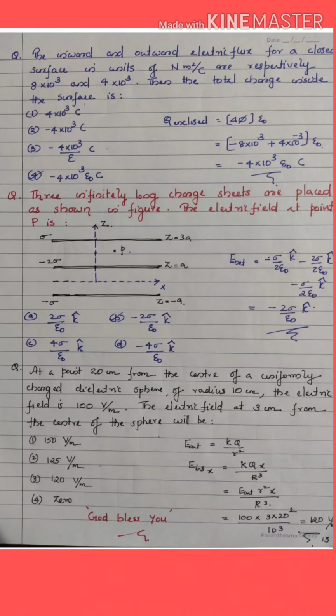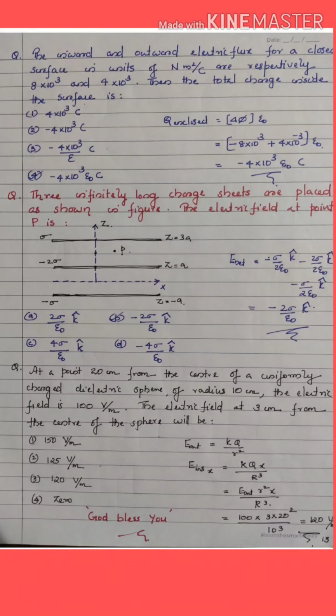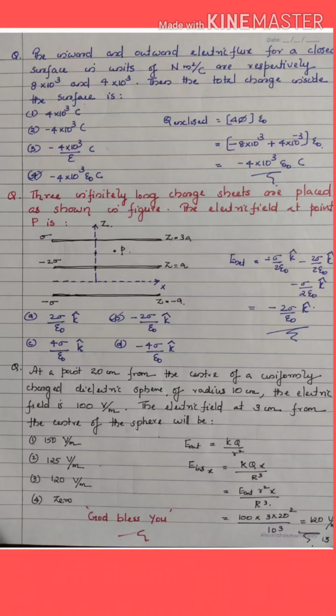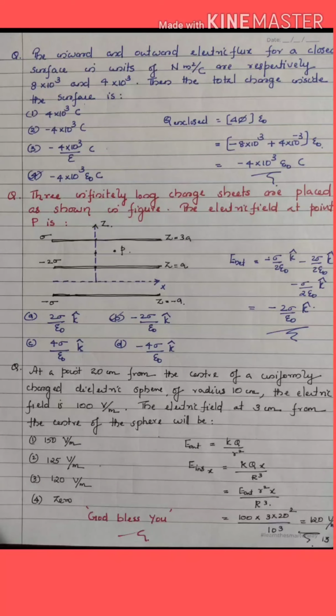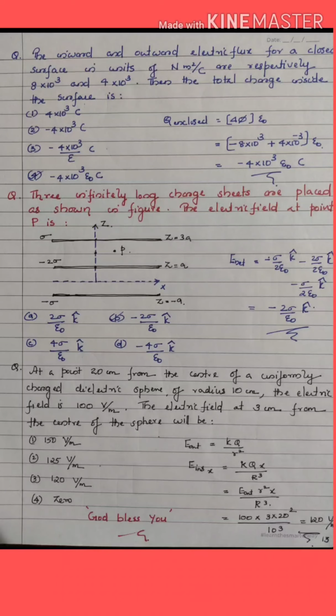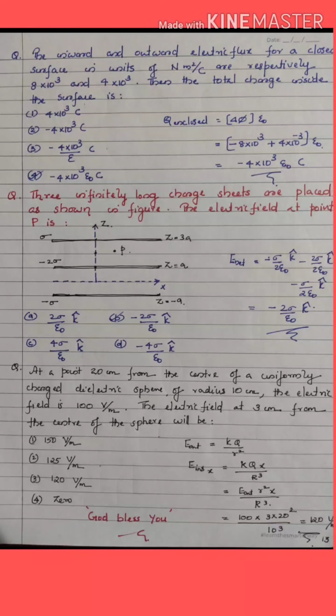The 3 infinitely long charge sheets are placed as shown in the figure. Find the electric field at the point P. At first go through the figure. Here the 3 plane sheets are there. At a separation minus A from here with a surface charge density minus sigma. At a separation A from that center with a surface charge density minus 2 sigma.